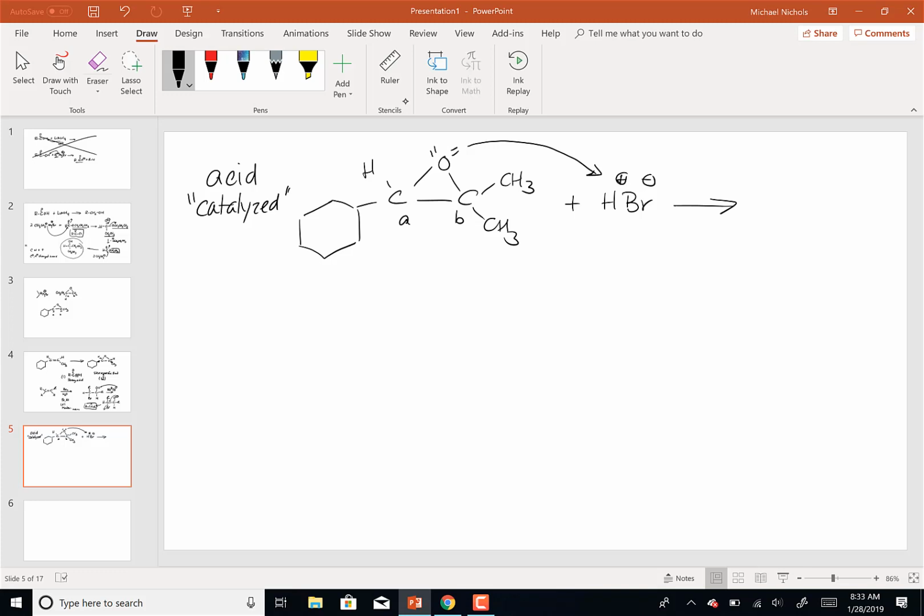Okay, let's do that. Okay, I've got my protonated epoxide.